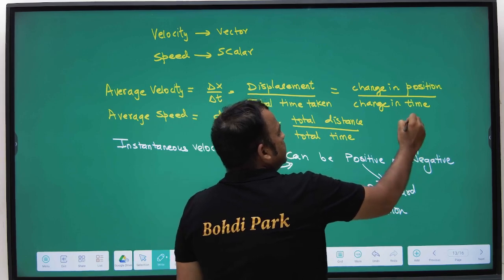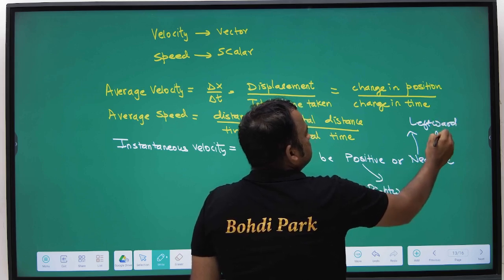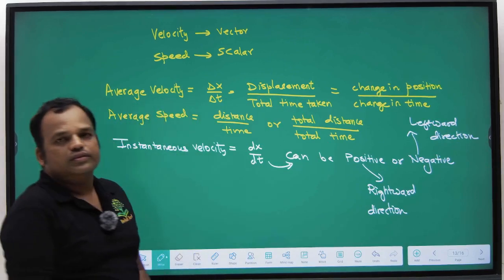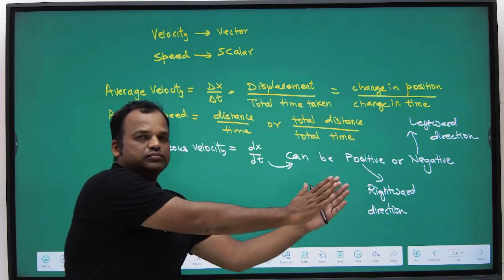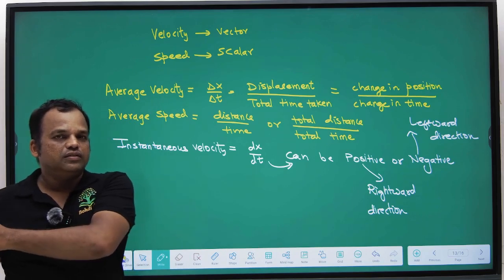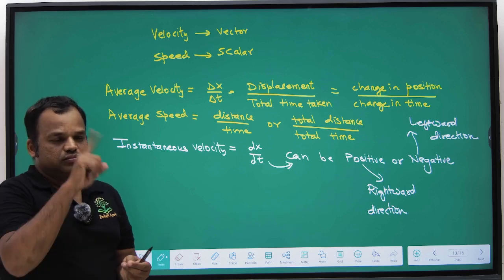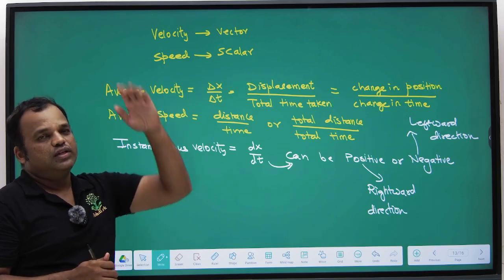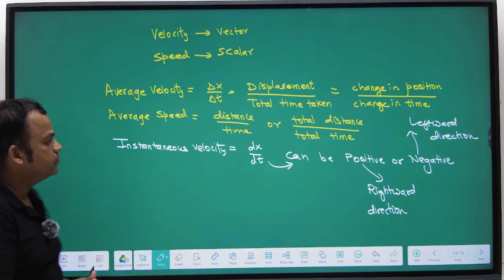And when it is negative, it means leftward direction. So suppose you observe a car is going right side, so velocity is positive. If the car is going left side, so velocity is negative. Same thing with a vertical line also. If you see some ball is thrown up, so it is positive. If the ball is thrown down, so velocity is downward, so it is negative.